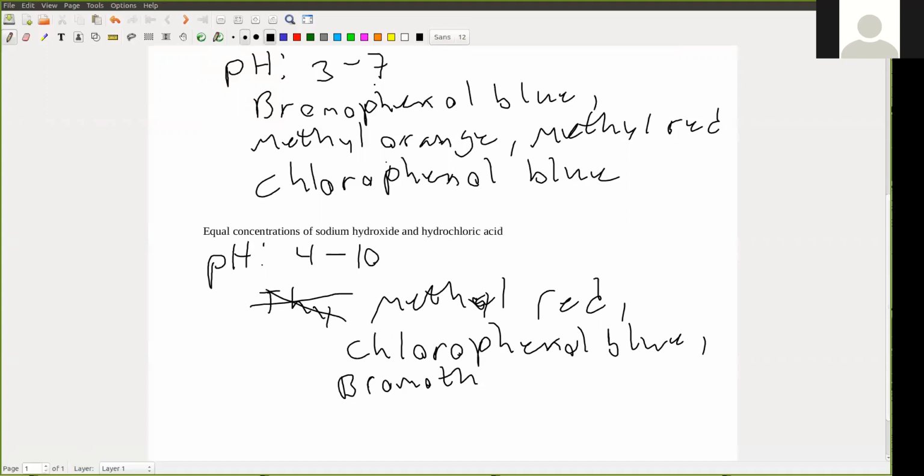Oops, I misspelled it up here. Thymol blue. You use Cresol red. And you can also use phenolphthalein.